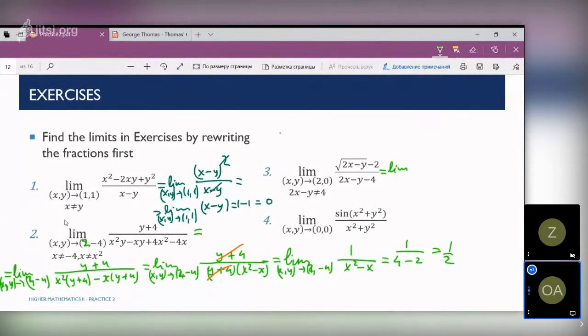Okay, exercise 3, limit. And this one is also 2x minus 2, plus 2.